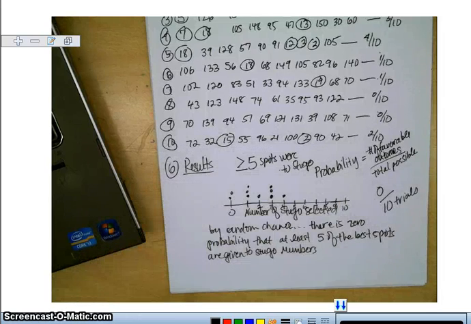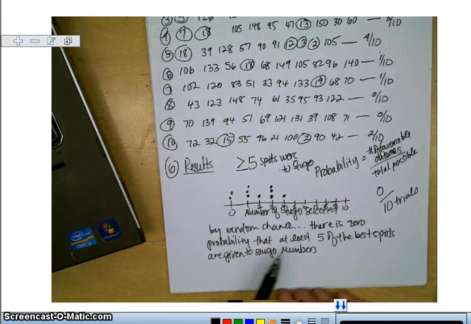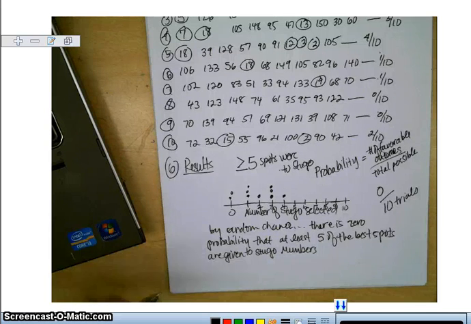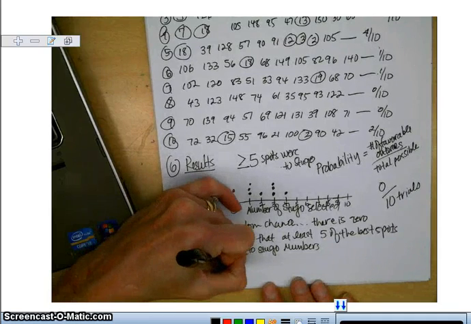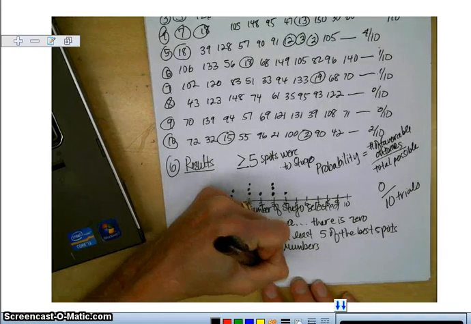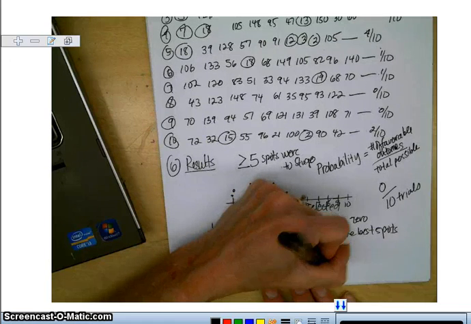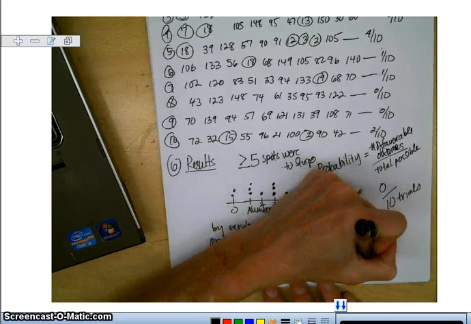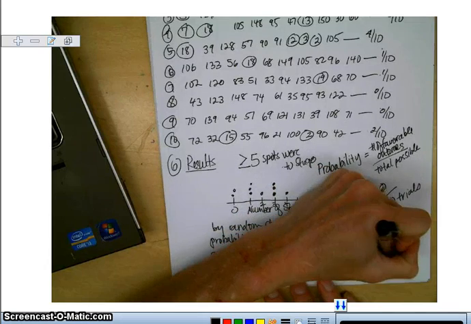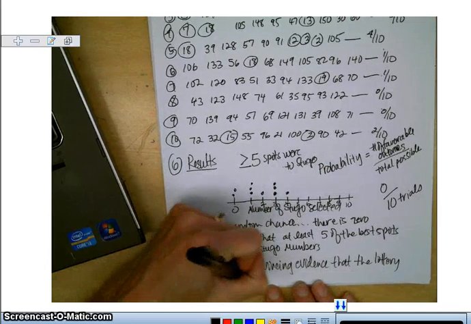Maybe a better way to say that, the probability that at least 5 of the best spots are given to Stugo members is 0 by random chance. The probability that Stugo members get at least 5 of the spots by chance alone is approximately 0. So we have convincing evidence that the lottery is not fair.